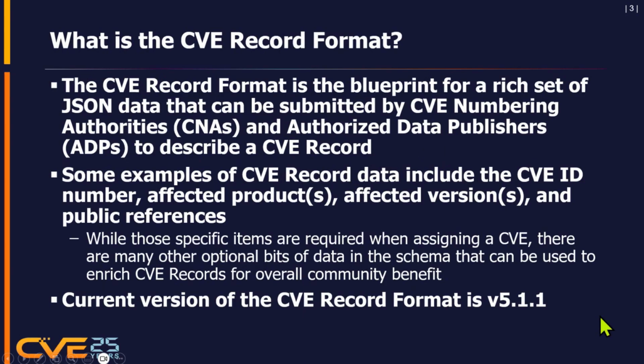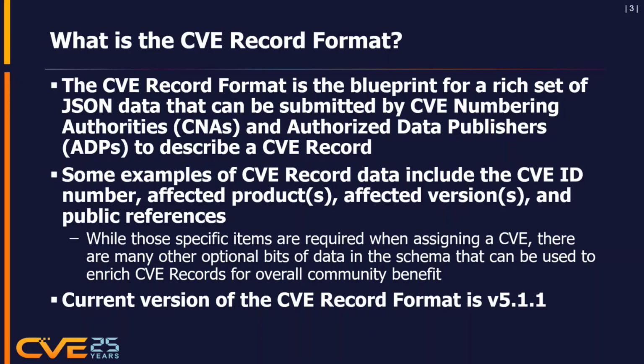All right, so what is the CVE record format? The CVE record format is the JSON schema that can be used by CVE numbering authorities, or CNAs, as well as ADPs, to describe a CVE record.